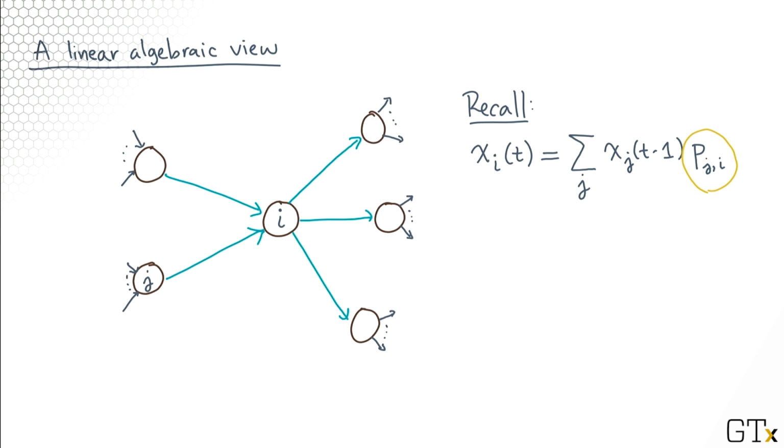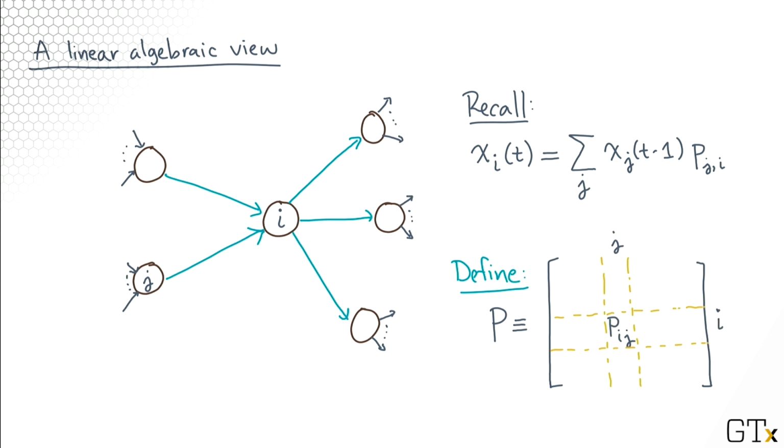Next, consider the transition probabilities, p_ji. Let's represent these in a table or a matrix, capital P. Let's use the convention that element p_ij resides in row i and column j of this matrix.